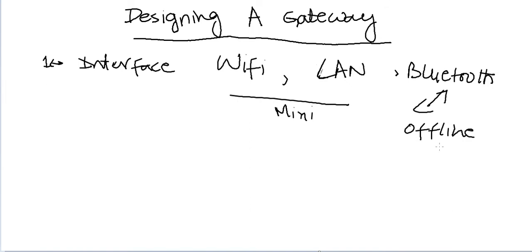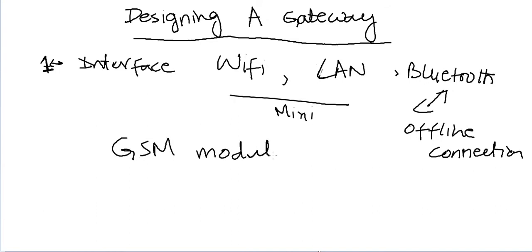For example, the gateway can connect to our mobile device or any Bluetooth device, and send the data to and fro to this device. This should be at least a minimum requirement. And then we can also have, for example, a GSM module on it, which will support GSM and UMTS.